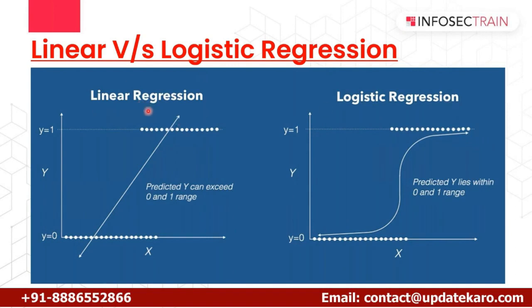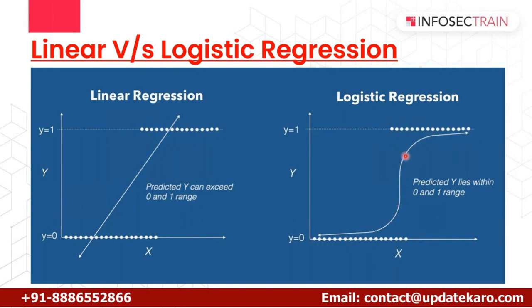If we are using linear regression for this particular kind of data, this won't work. So at that time you will have to use logistic regression, right? In logistic regression, we applied different transformations on this linear line, so we were able to convert this line into an S-shaped curve.